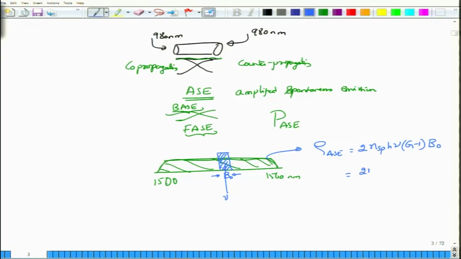However, most amplifiers are not even ideal in this sense, that is, they further degrade the signal to noise ratio by a factor called F, which is the noise figure of the amplifier. If you look at any amplifier, you might have some input signal to noise ratio at the input side, and then a signal to noise ratio at the output side.